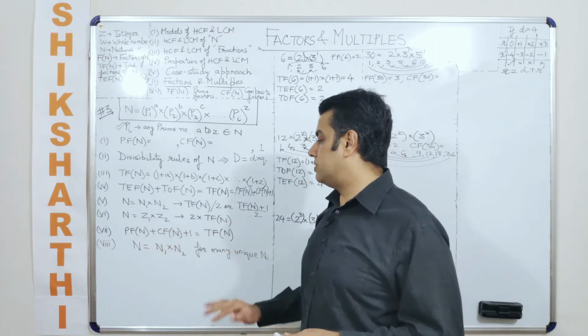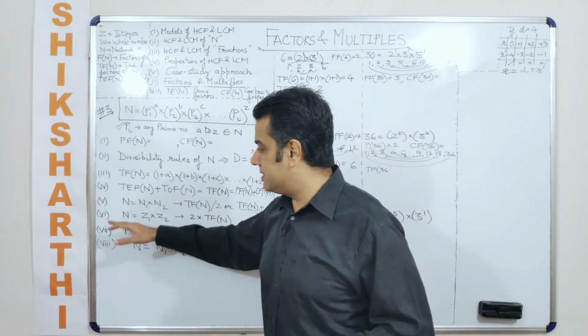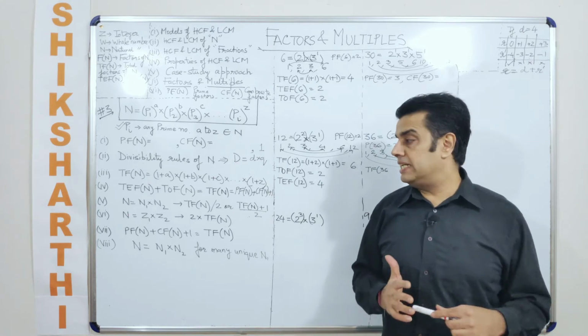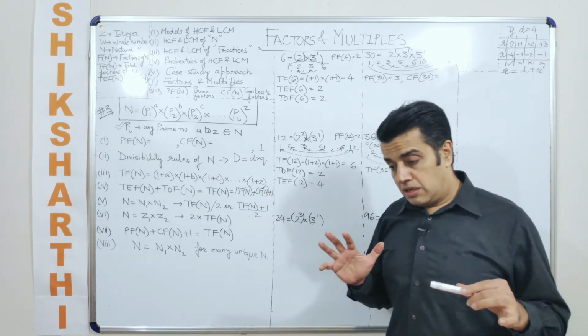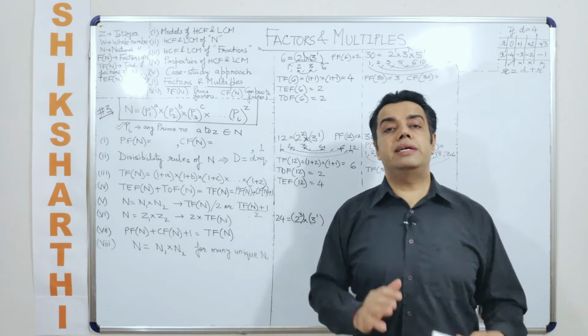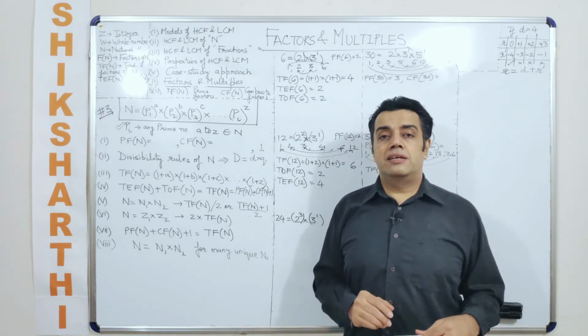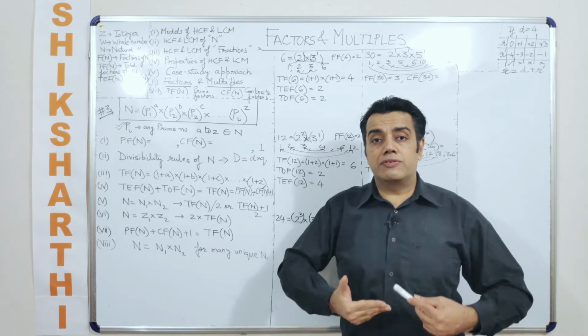And the last but not the least, this point number 8 is nothing but the extension of point number 5, which basically talks about in how many ways can a number be written as a product of 2 numbers such that, how many unique values can one of them take.